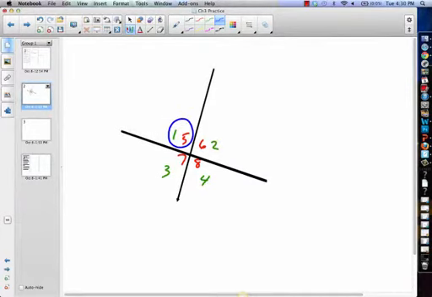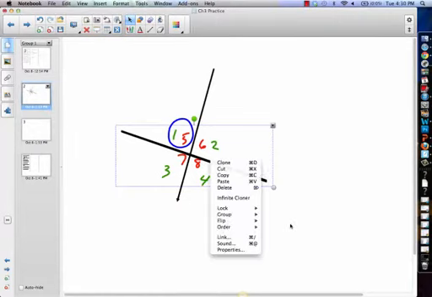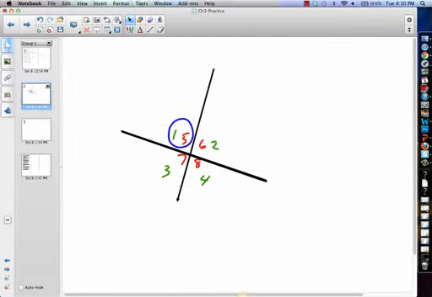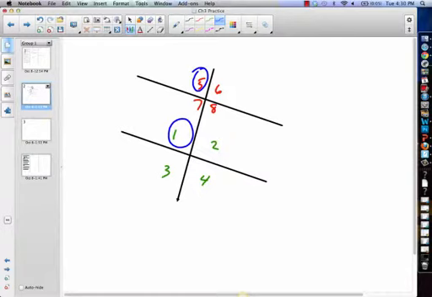Angles that ended up right on top of each other are in the same location. To the left of the transversal and above our other line. So if I put it back now, angle 1 and angle 5 are both above and to the left. They're in the same location.